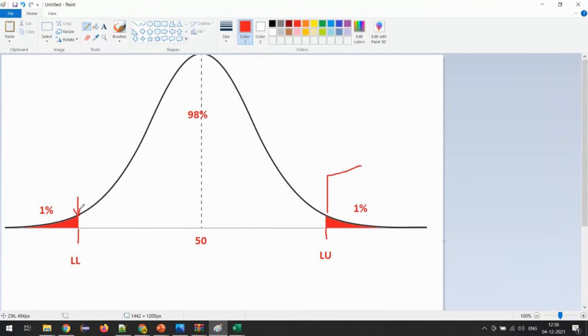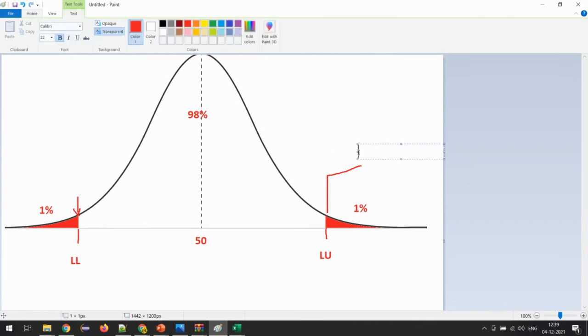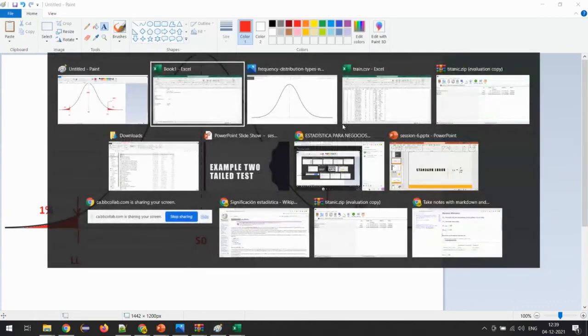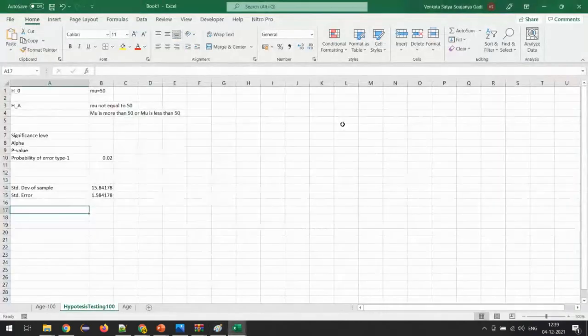All the area left of this is 1%. Here it is 98 plus 1, which is 99%. Let me type it. So we calculate the lower limit and upper limit.